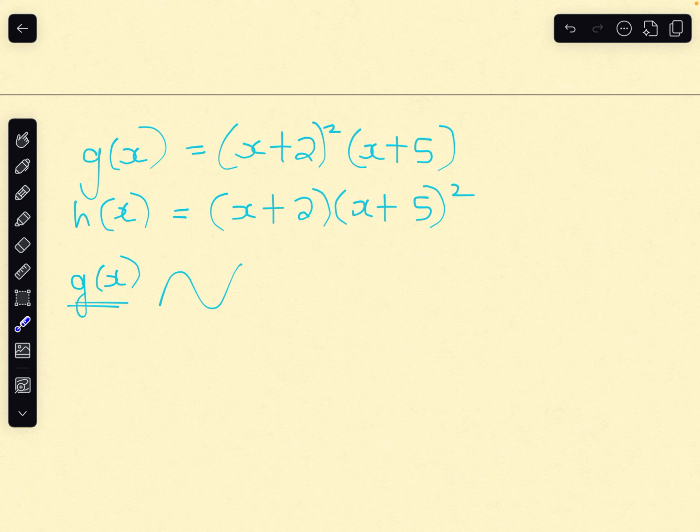And secondly, they are both going to have their x-intercepts at 2, well, minus 2 and 5-ish. Actually, let's make this negative because I'm not in the mood for negative x-intercepts. So g will have one x-intercept at 2 and its other x-intercept at 5. And h will be the same.